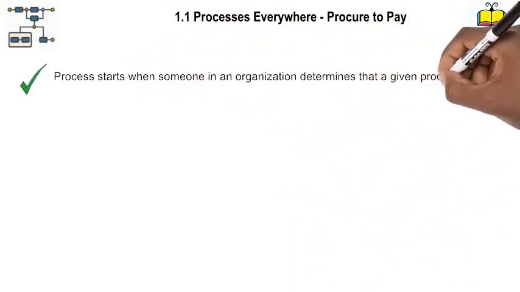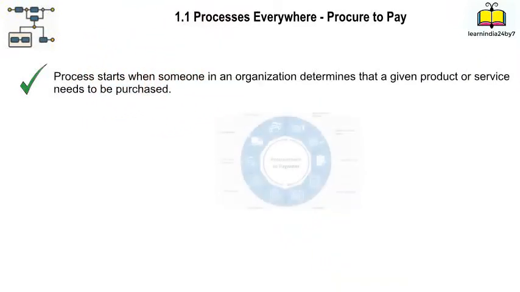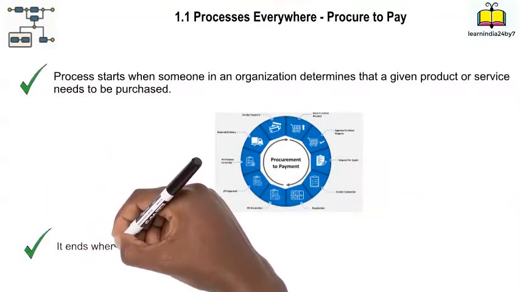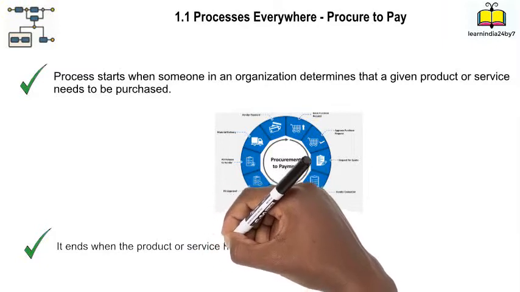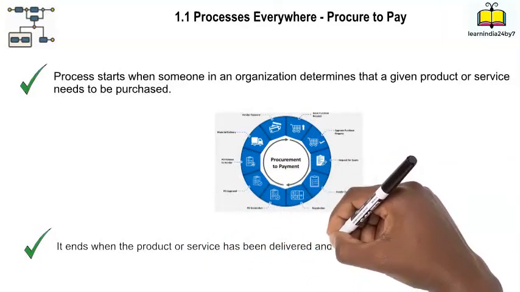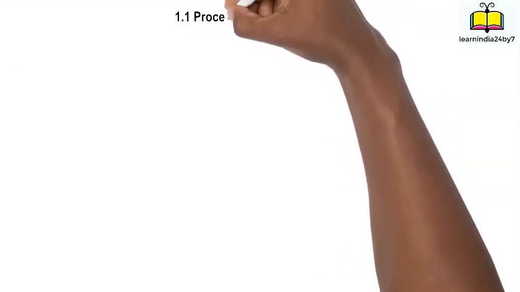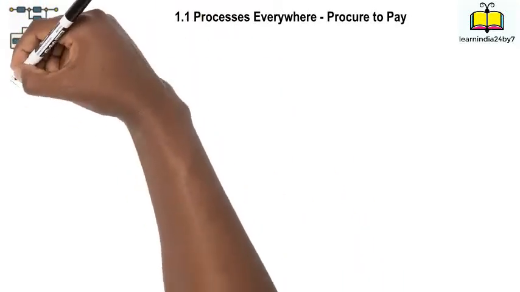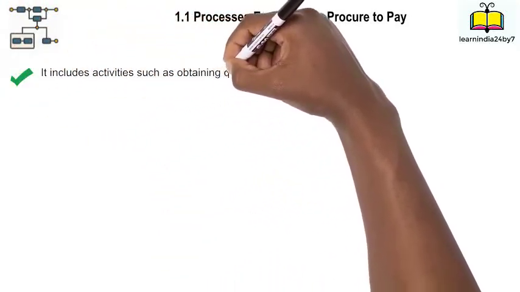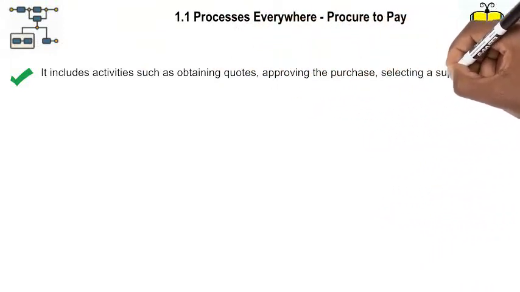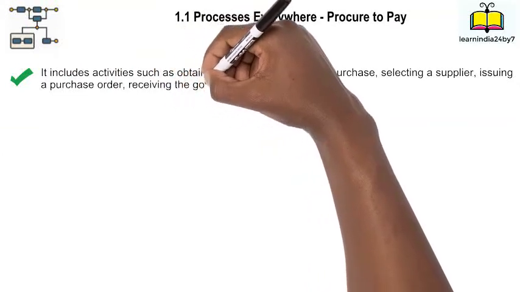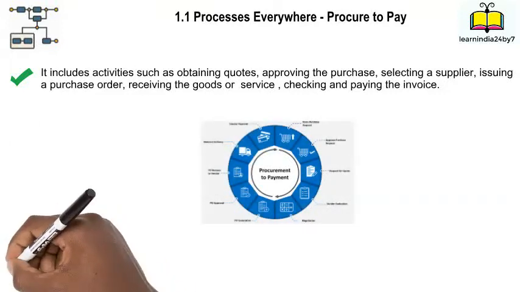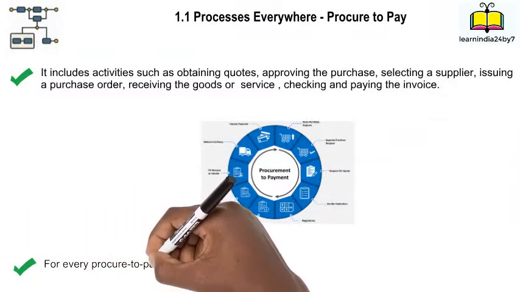The procure to pay process starts when someone in an organization determines that a given product or service needs to be purchased, and it ends when the product or service is delivered and paid. The procure to pay process includes activities such as obtaining quotes, approving the purchase, selecting a supplier, issuing a purchase order, receiving the goods or service, and finally checking and paying the invoice.